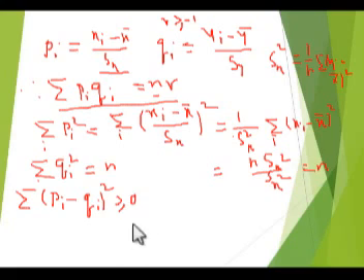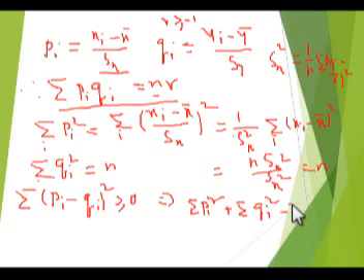Now we will put this, and this will be summation Pi whole square plus summation Qi whole square minus 2 into summation Pi Qi, which is greater than or equal to 0.